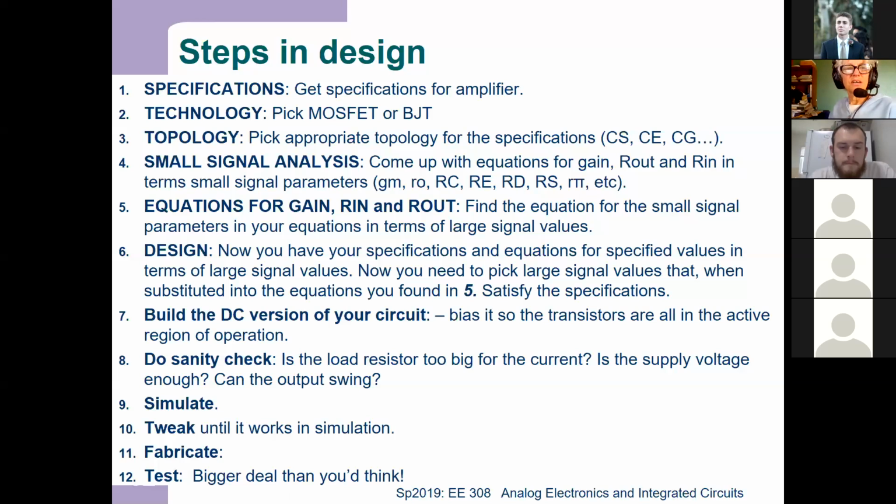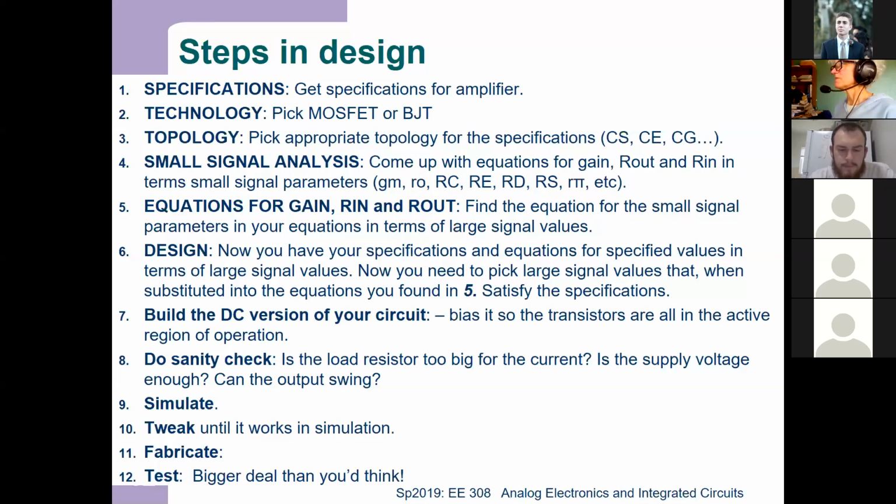Okay. So now we pick the topology. And now you do small signal analysis. And you don't do everything. Like if your boss just gave you a gain and an R in, you don't need to find R out because your boss only gave you specs for R in and gain.